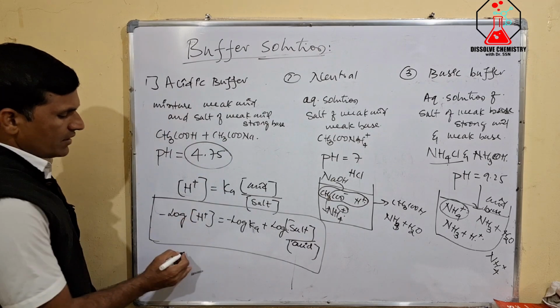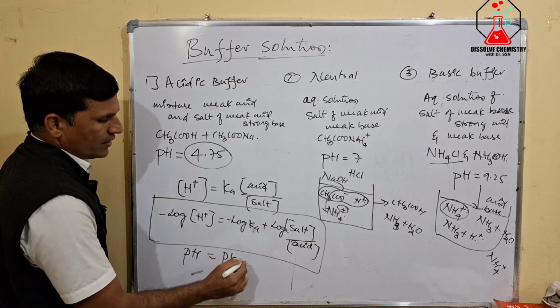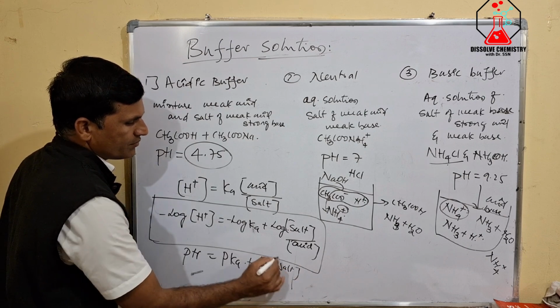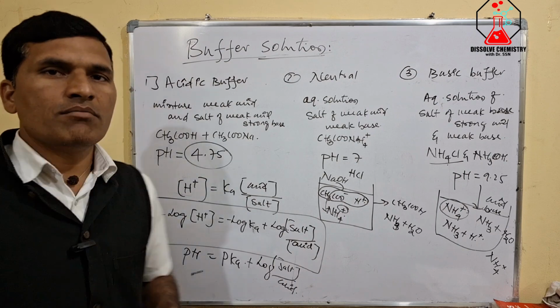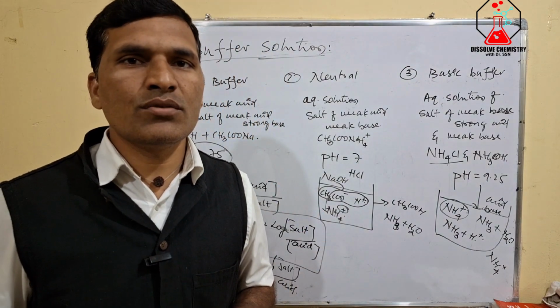Negative log of H plus is nothing but pH, so pH is equal to pKa plus log salt by acid. So this is all about buffer solution and how to calculate the pH of the buffer solution.